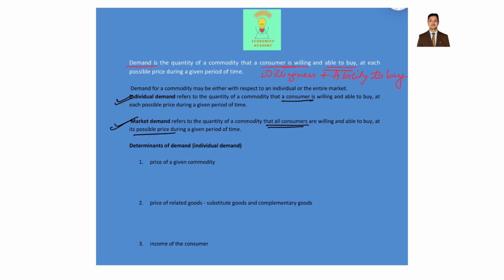This is important, at its possible price during a given period of time. So whatever the existing price is, at that particular price, how much a consumer or consumers are willing and able to buy. So that is demand, right?